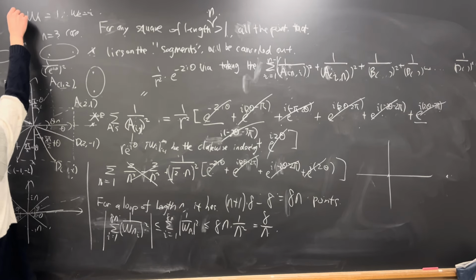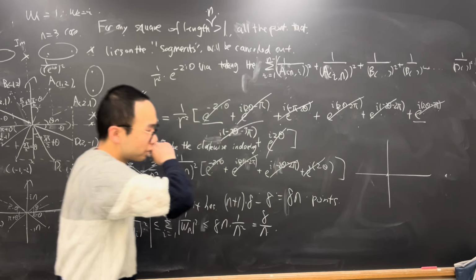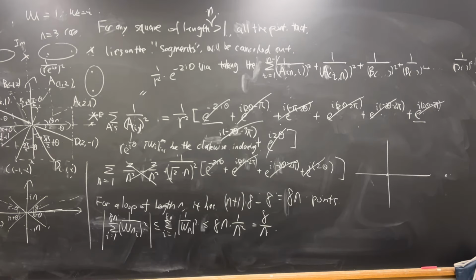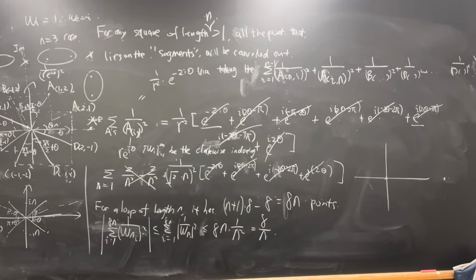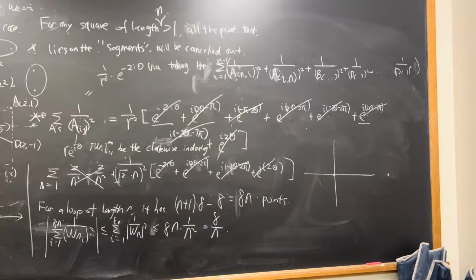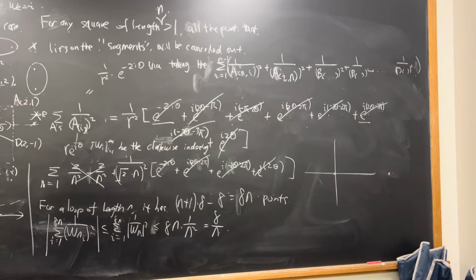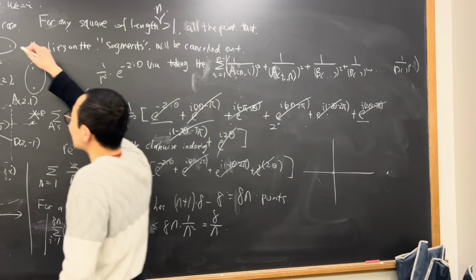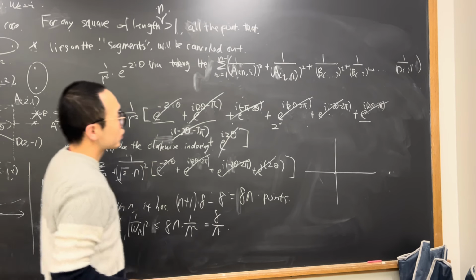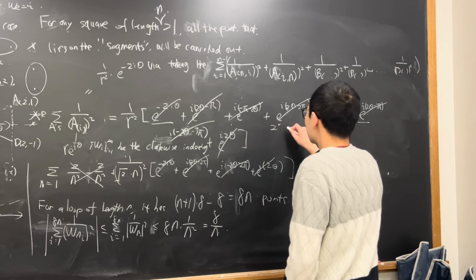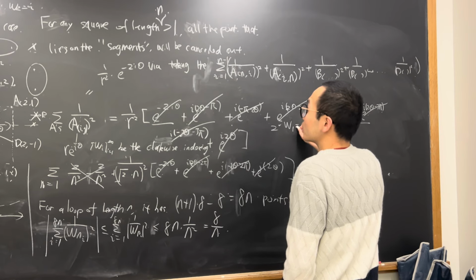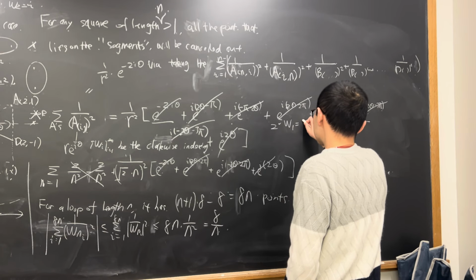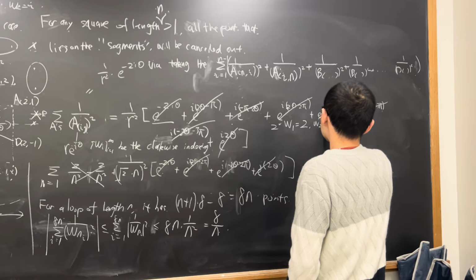We are under the assumption that, let's say case 2, this is case 1. So case 2, if omega 1 is equal to 2, omega 2 is equal to i.